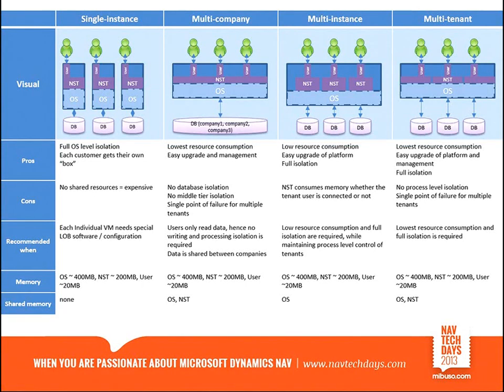That is what we did in 2009 and 2009 SP1. Multi-company, we've been able to do that for a while as well. And of course, multi-instance as well. You can install multiple NSTs on the same box. But as Thomas showed you yesterday morning, it only scales to a certain point. You can only install so many NSTs on a box.